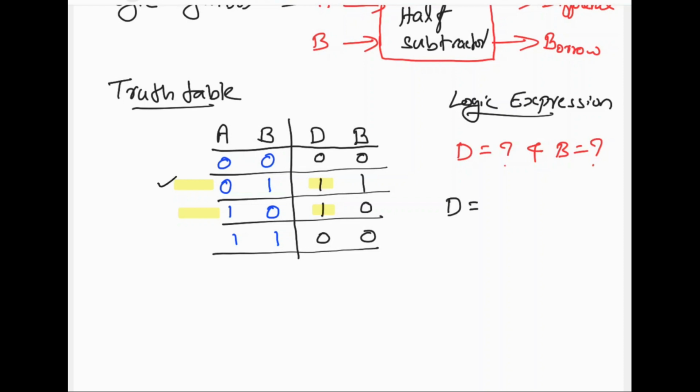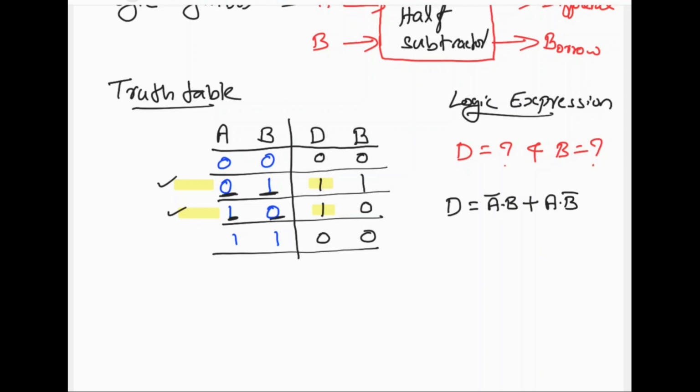The first case is D is 1 when A is 0 and B is 1. That is A bar B, that is when A is 0 and B is 1. That's why I have used multiplication, A bar and B. Or the second condition, so or means plus. The second condition where D is 1 is A 1 and B 0, that is A into B bar.